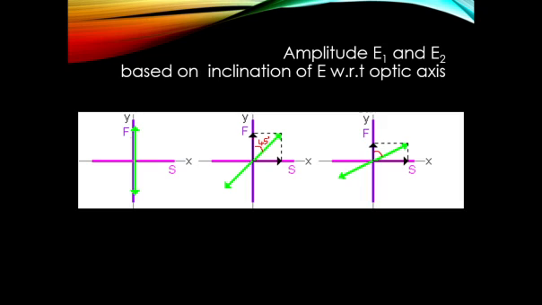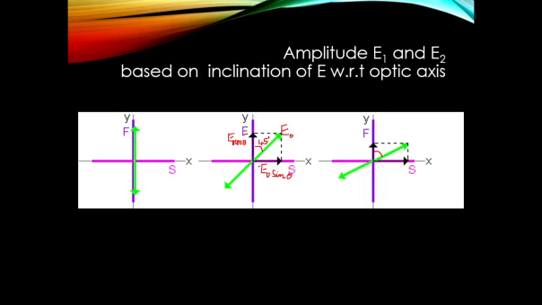If it is 45 degrees, what will be Ey? Ey will be given by E0 cos theta. If E0 is the incident light beam, then along this direction you will get E0 cos theta, and along the perpendicular direction you will get E0 sin theta. So when will cos theta and sin theta be equal? Then only will the amplitudes be equal.